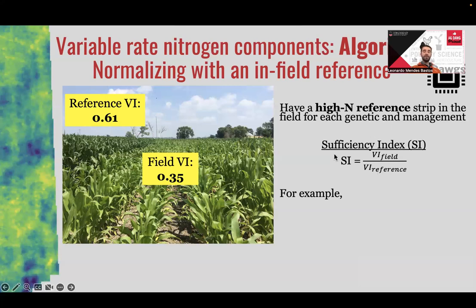So to calculate the sufficiency index, we basically divide the field VI by the reference VI and then get this number that is relativized, right? So now I know how far back is my field relative to my reference and use that information to then input into an algorithm to give a rate.